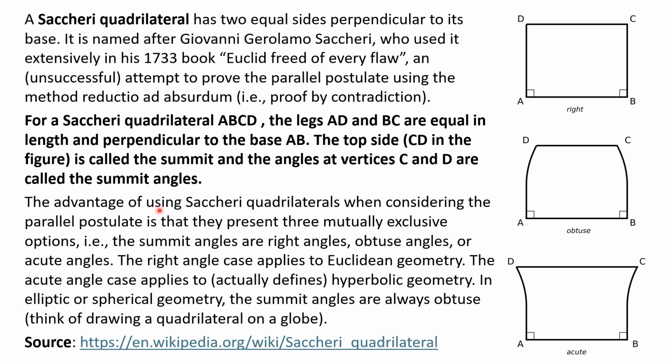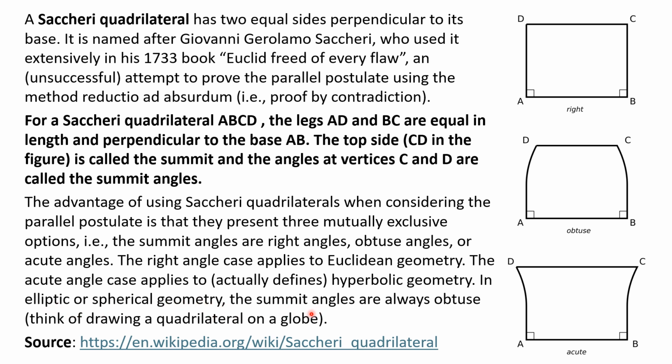The advantage of using the Saccheri quadrilaterals when considering the parallel postulate is they represent three mutually exclusive options. As we saw, this first case is where we have Euclidean geometry. If the summit angles here at C and D are greater than 90 degrees, then we have elliptical geometry.